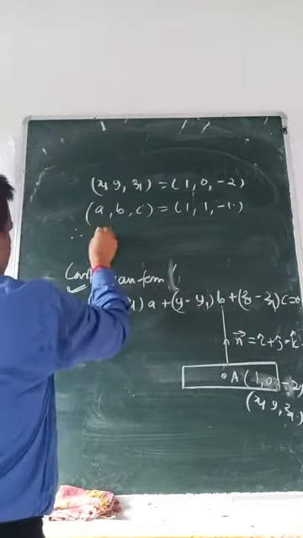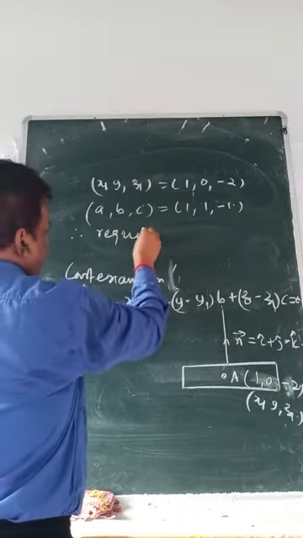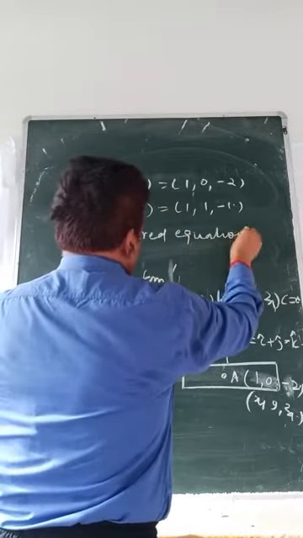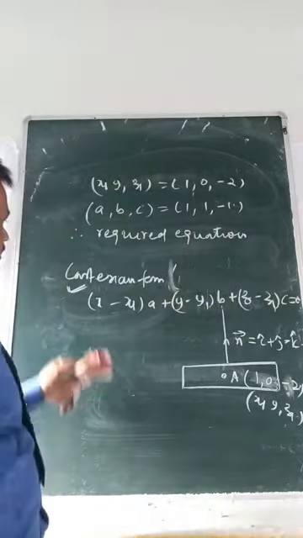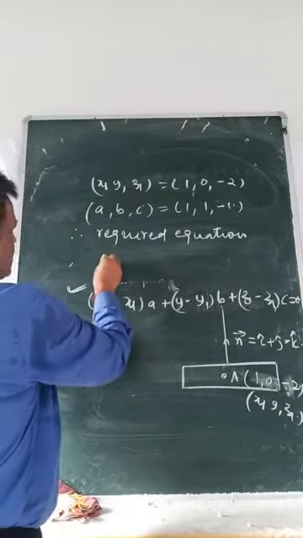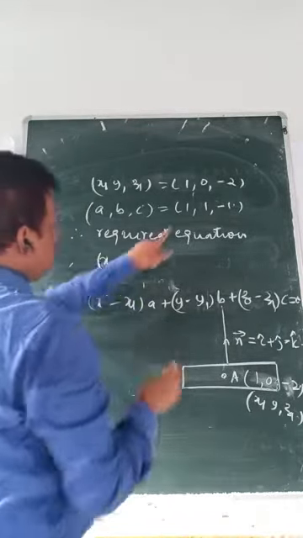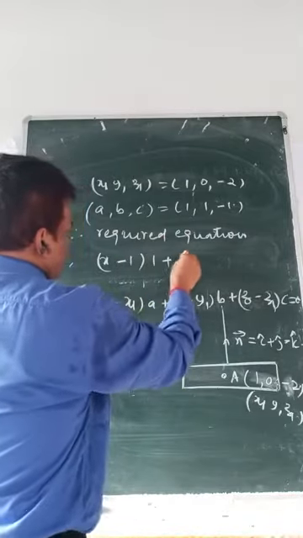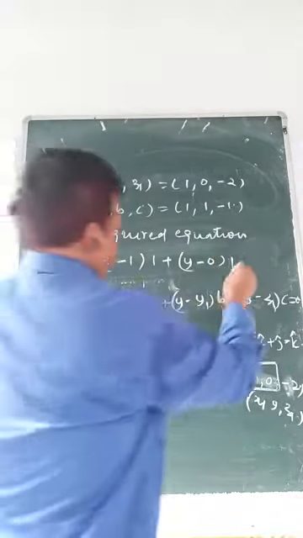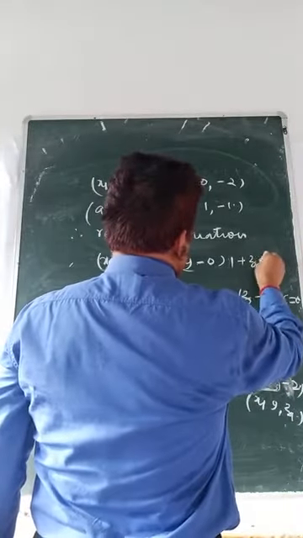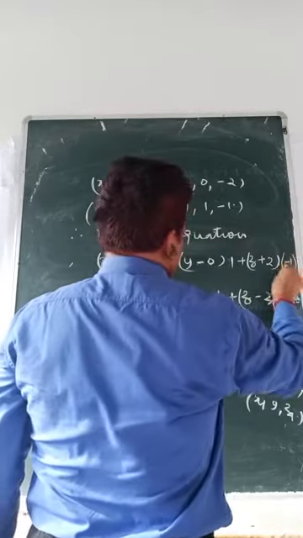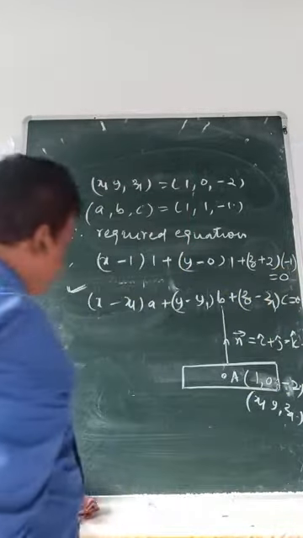Therefore the required equation will be this form: x minus 1 into 1, y minus 0 into 1, z plus 2 because minus 2 is here, into minus 1 equals 0.